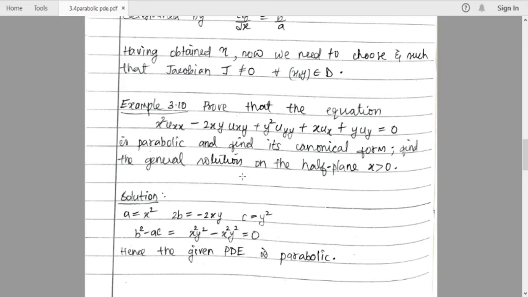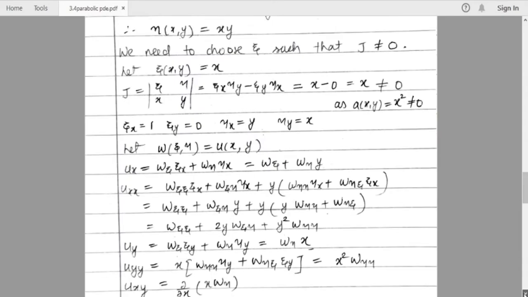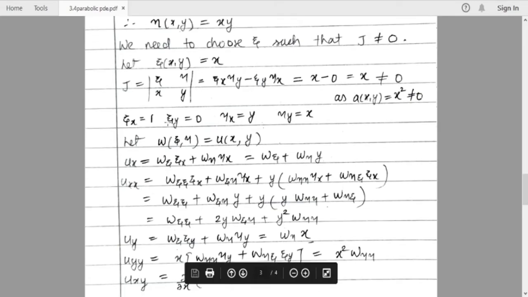Okay, so we got theta and eta. Now we have to transform the coordinate system from xy to theta eta. First we will write theta x, theta y, eta x, eta y. Then we will denote u, when it is a function of theta and eta, as w.